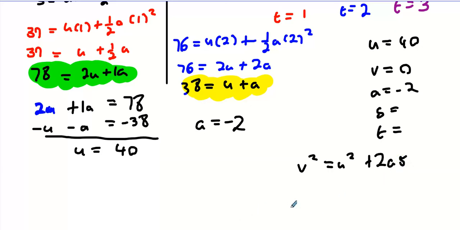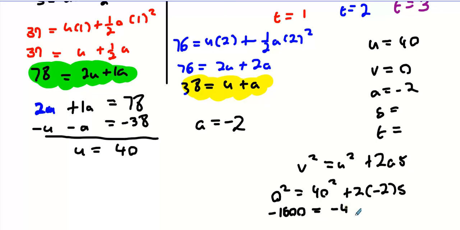And what do we get here then? 0 squared equals 40 squared plus 2 times -2 times s, minus 1600 equals 4s. S equals 400.